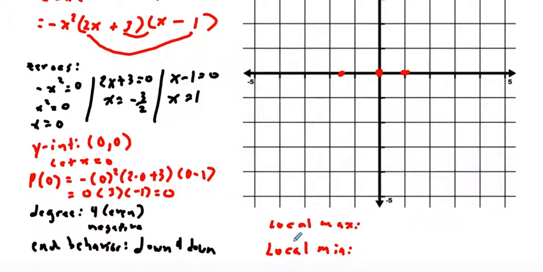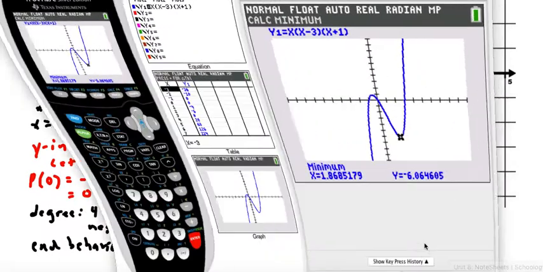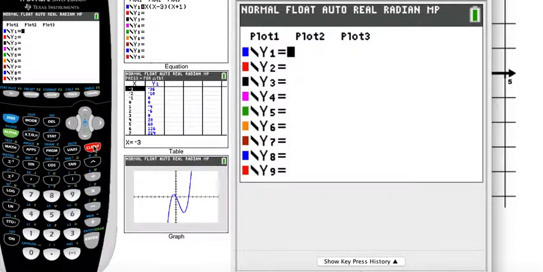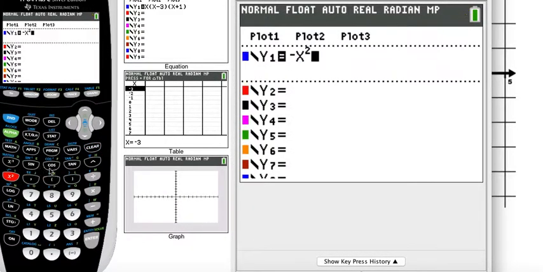So my local max here, we can find them. Let's use our graphing calculator to do so. Go to your y equals there, clear out what you had in there before. You want to punch in, let's see, negative, make sure you use the negative key there, x squared, and then parentheses 2x plus 3.